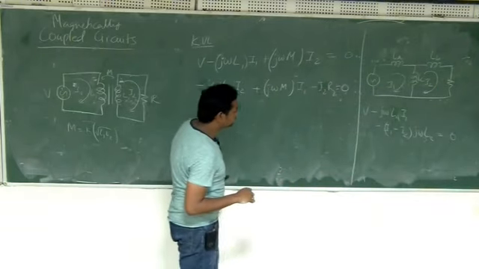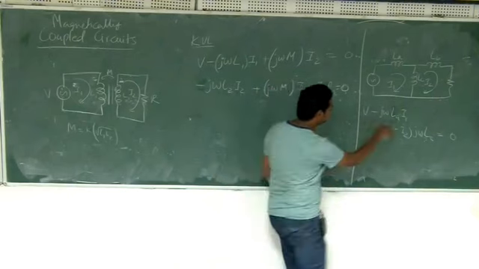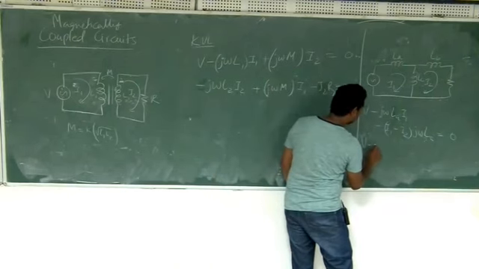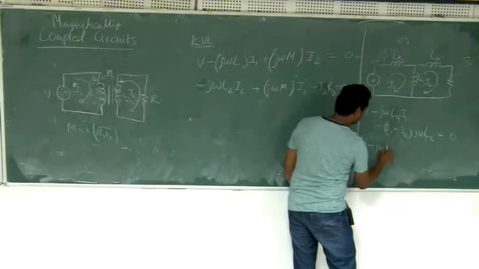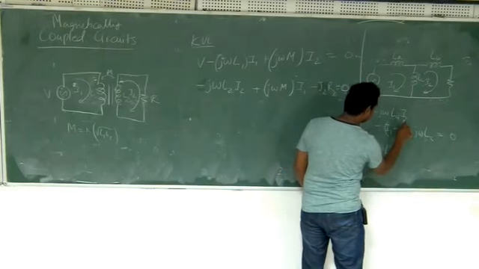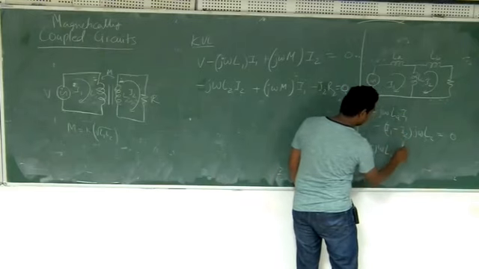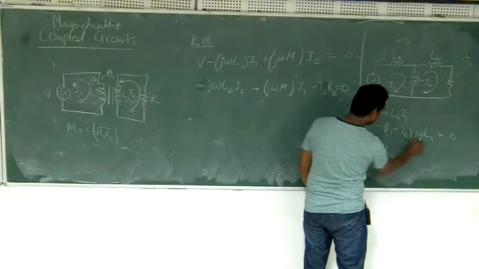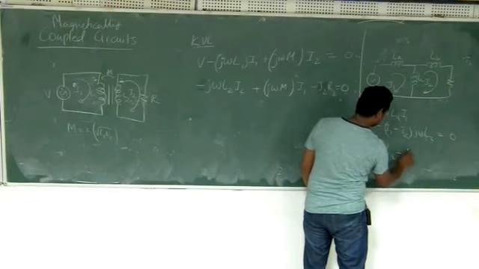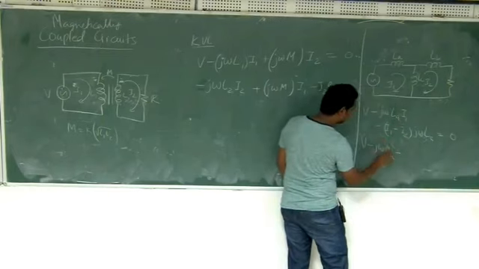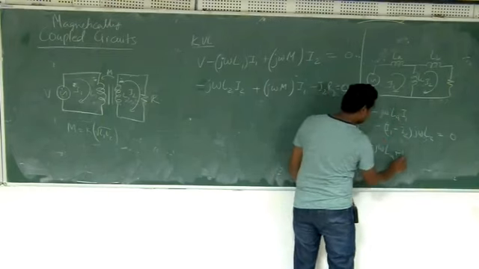Okay, so if I separate only I1 here, V minus j omega LA plus LC into I1.